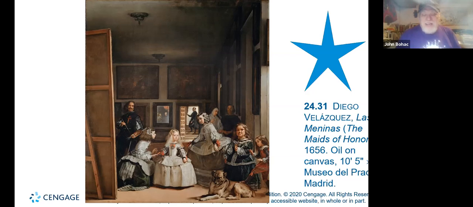They're not sitting in their thrones. They're not posed. They got the dog in the picture. They got people talking, not even paying attention to what's going on. And presumably you got the king looking back, trying to check out what the heck is all going on here. And so it's very, very human.